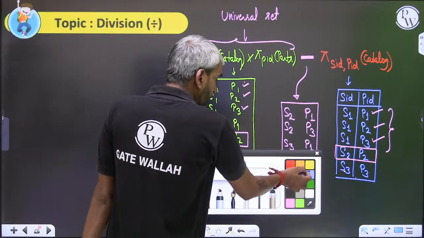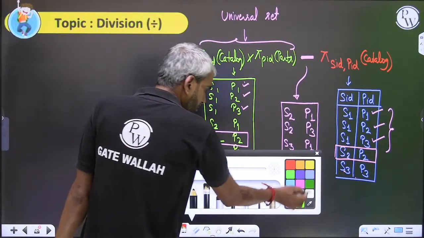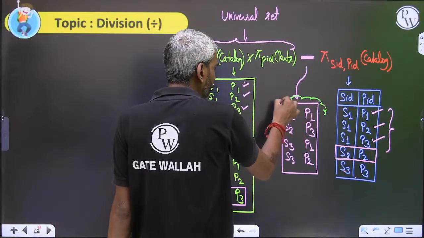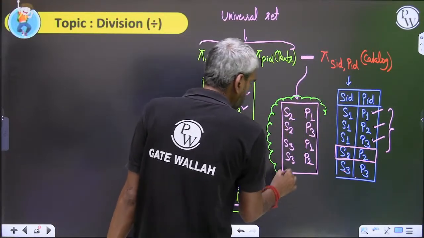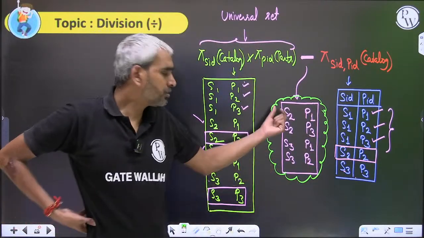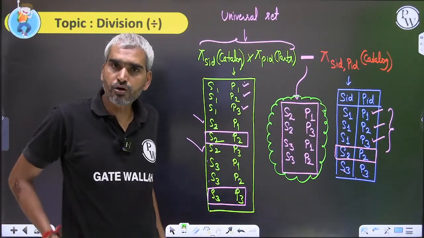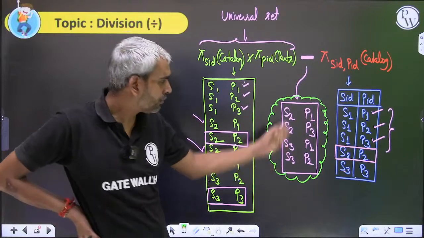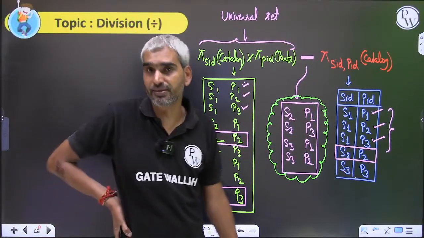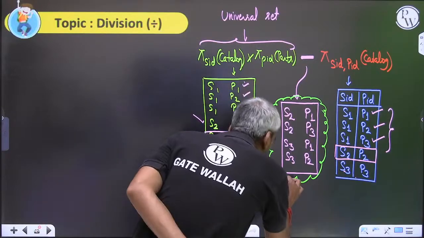So what exactly did you receive after this subtraction? It contains the information about the suppliers who did not supply all the parts, along with the PIDs of the parts not supplied by them. Clear? So what does it contain?